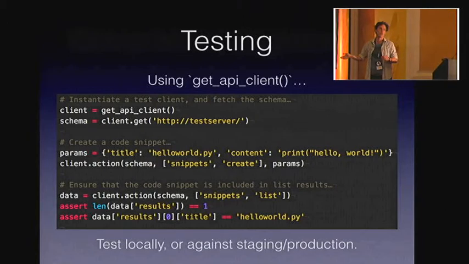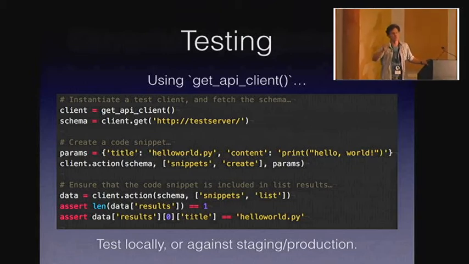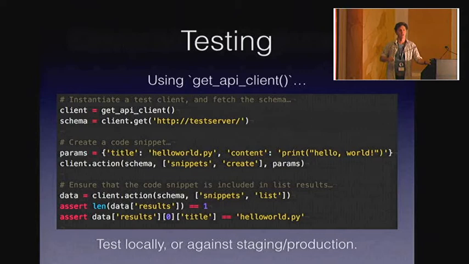It turns out that you're writing tests that can run either locally or that you can run against your staging instance or your live instance, simply by setting a switch and saying, I would like these requests to actually go to the network instead of to the WSGI application, and by using the domain that you want those requests to actually go and hit.